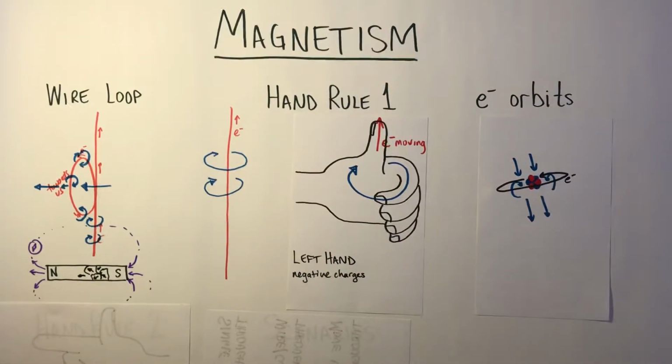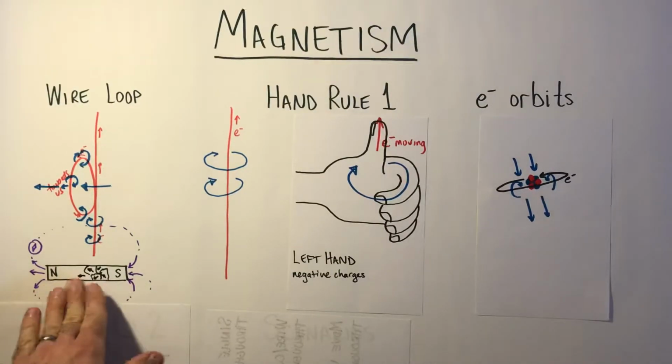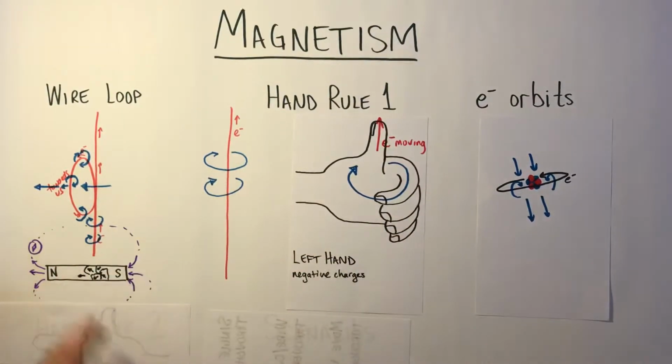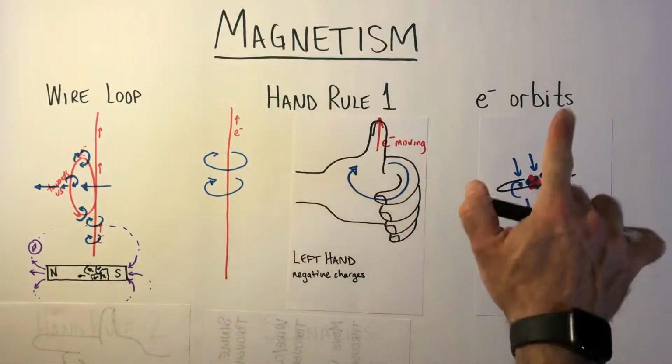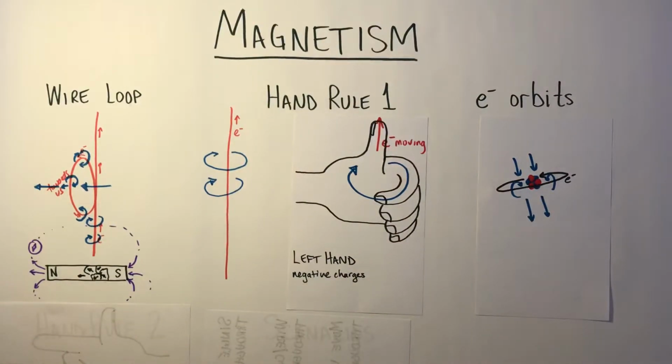For some reason, there are only a few elements on the periodic table that are really good at having matched orbits like this on the macro scale, on the large scale. So iron, neodymium, there are a few things that are good at having aligned orbits.